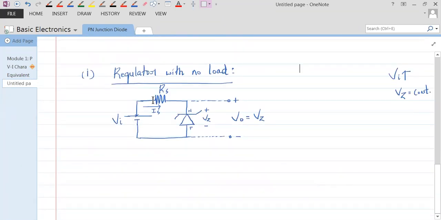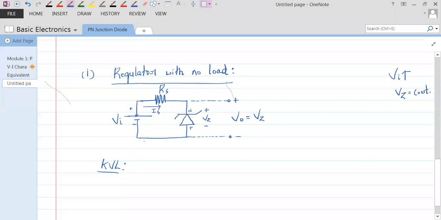Now you have this path, right? What does KVL along this path imply? Everybody see here. We will be moving in the clockwise direction. When we move in the clockwise direction, I come across the negative sign of VI, isn't it? This is negative, this is positive.